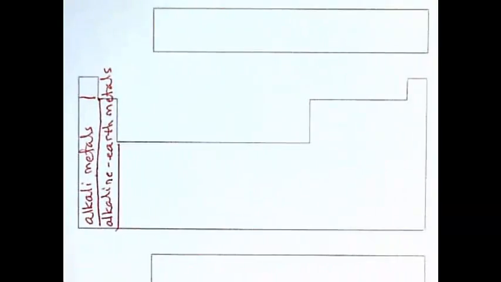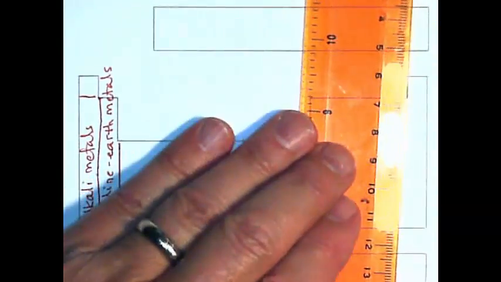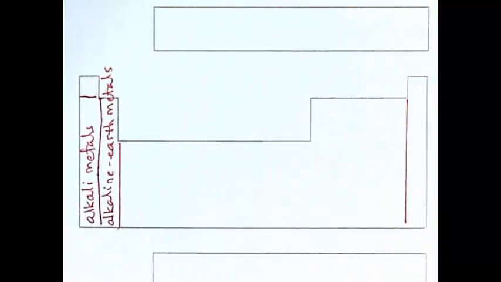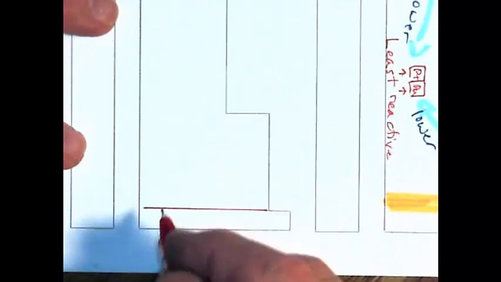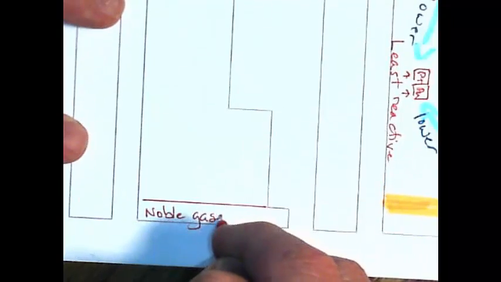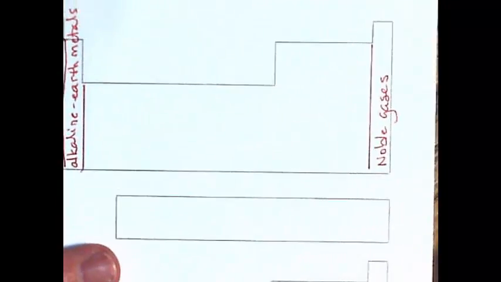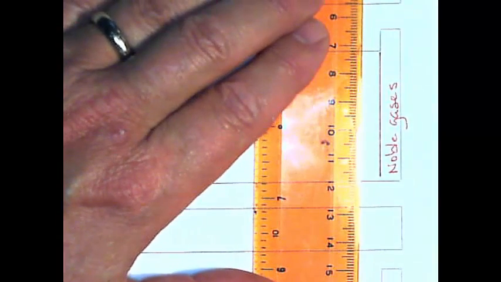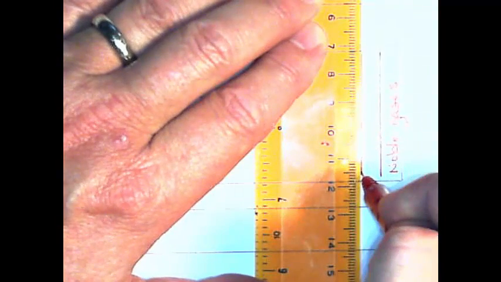Alkaline earth metals. We've already defined the last column on the right. What are they called? Noble gases. Okay. Right next door to the noble gases are the halogens.